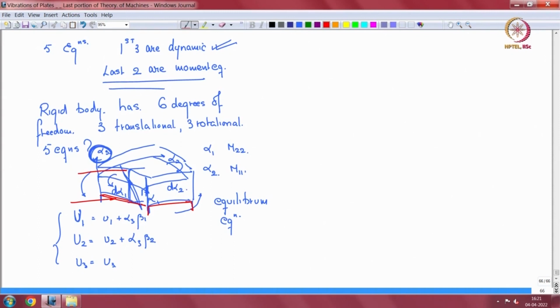Okay. So if we do a rotation about alpha 3 axis, which is missing, okay, we have done rotation about alpha 1 axis and we get moments like m22. If we have done rotation about alpha 2 axis, we get moments like m11. Okay, it's a different matter that we ignored the rotational inertia.